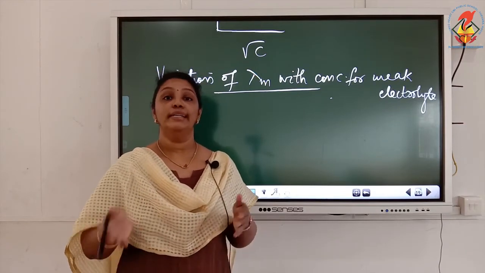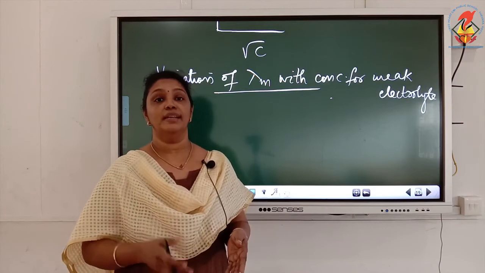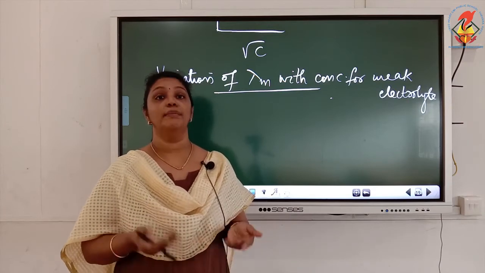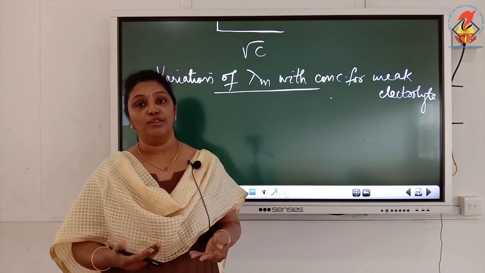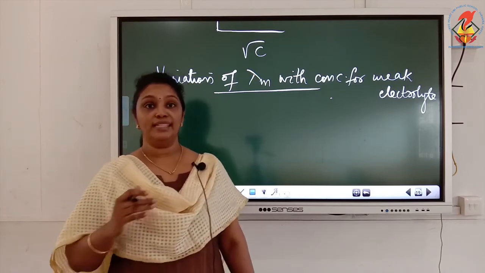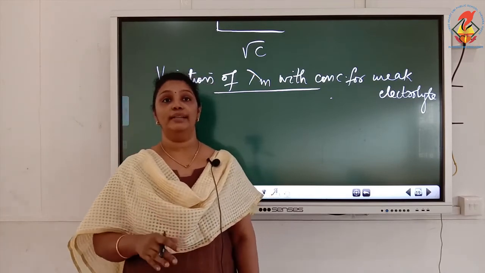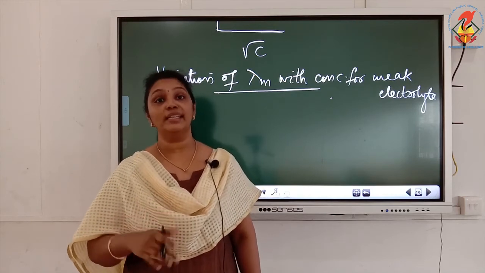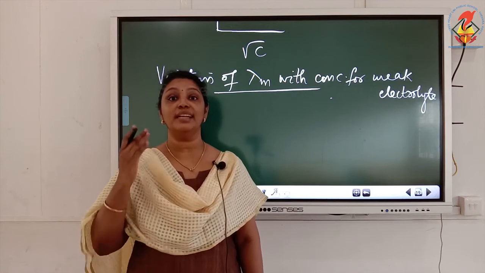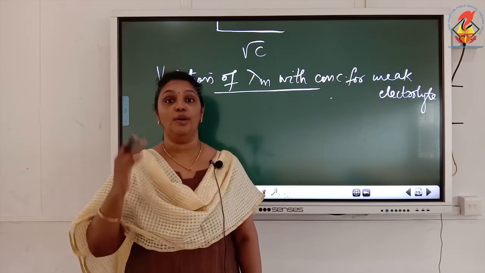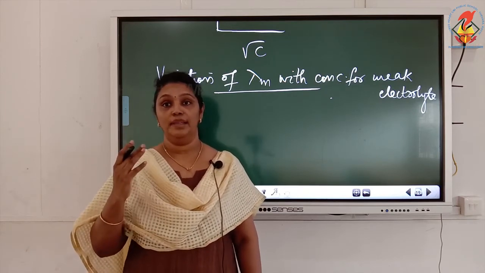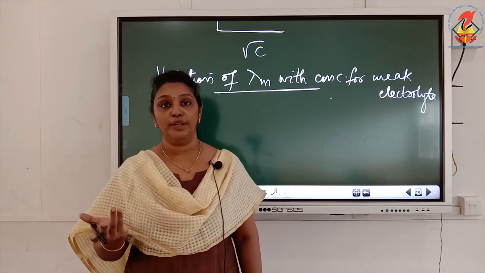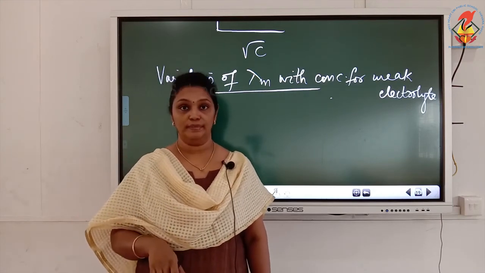So on dilution, what happens? There will be more ionization, meaning more ions are produced. So we can say for a weak electrolyte, the molar conductivity increases with increase in dilution, and that increase is very steep or very high, because more ions are produced on dilution.